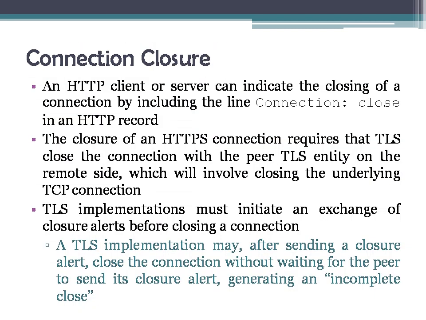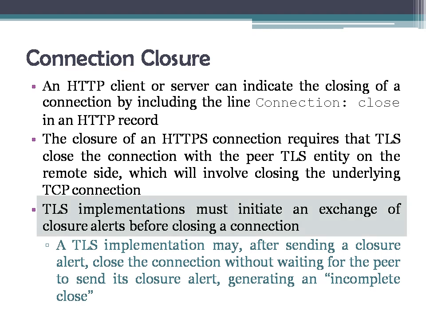So after connection initiation, we have connection closure. Here, the HTTP client or server can indicate the closing of a connection by including the line connection:close in an HTTP record. Once this line is included by the client or the server, the connection will be closed. Next, the closure of an HTTPS connection requires that the TLS close the connection with the peer TLS entity on the remote side, which will involve closing the underlying TCP connection.